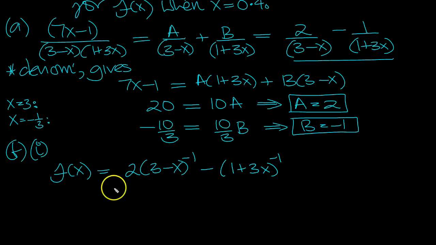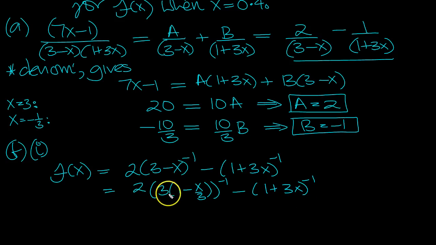Let's take a 3 outside: that would be 1 minus x over 3, all to the minus 1, minus the 1 plus 3x to the minus 1. Now we've got this product all to the power minus 1. Well, 3 to the minus 1 is 1/3, so that's 2/3, and then this to the minus 1, minus the 1 plus 3x to the minus 1.